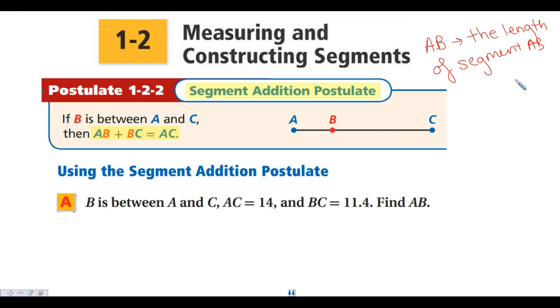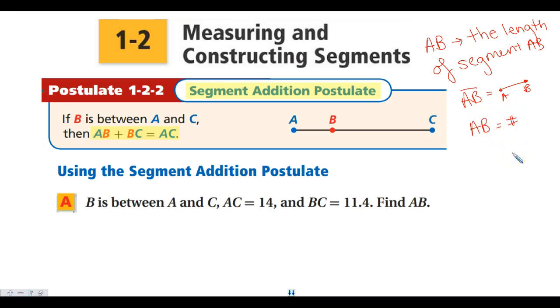It is important that you realize that AB with a bar over it is segment AB. When you have a bar over it, you're talking about the segment. When you have AB without anything above it, you are talking about a number. Okay, so maybe the length of this segment is 10. So then AB without the bar over it would be 10.